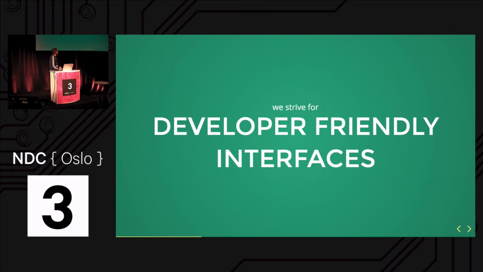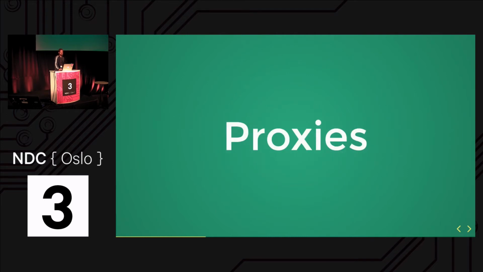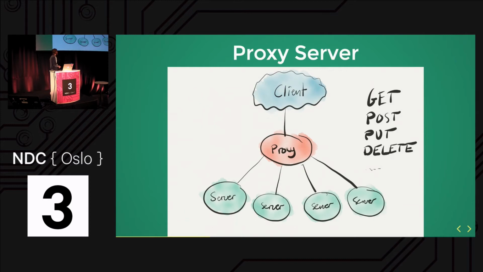A general higher-order abstraction or interface that we're used to from the web is proxies, in the form of proxy servers that are placed in front of a set of web servers. A proxy server might be placed in front of one or more servers, and it's there to abstract away some sort of complexity.